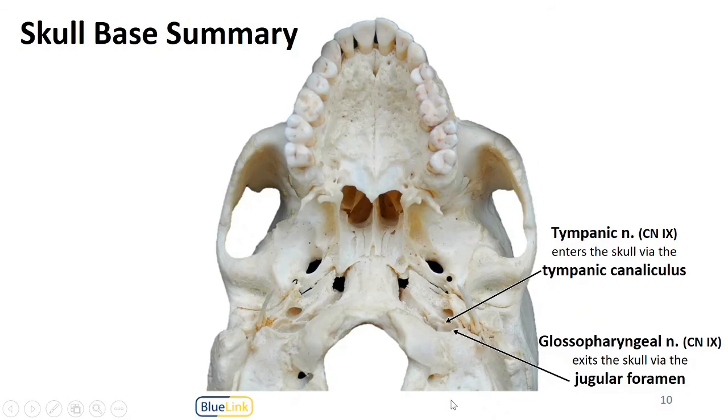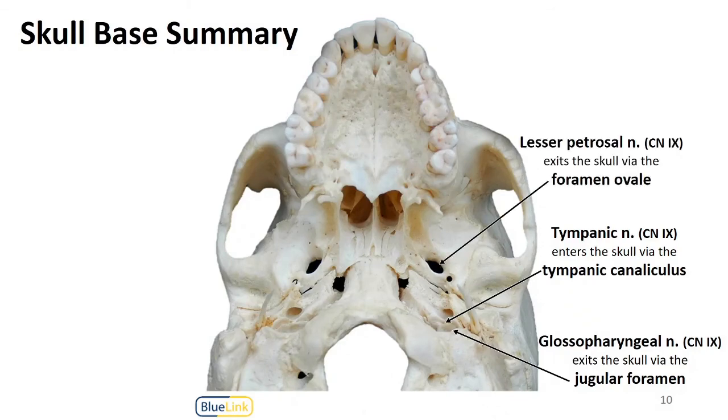From there, it'll course through the middle ear, forming the tympanic plexus, and then the lesser petrosal nerve. Now, where will the lesser petrosal nerve exit out of the skull? So it'll exit out of the temporal bone and then exit out of the cranial cavity through the foramen ovale, which we can see there.